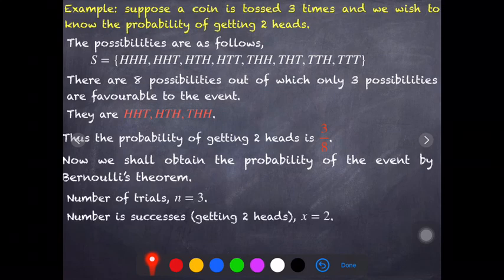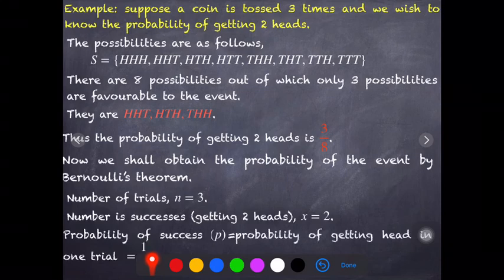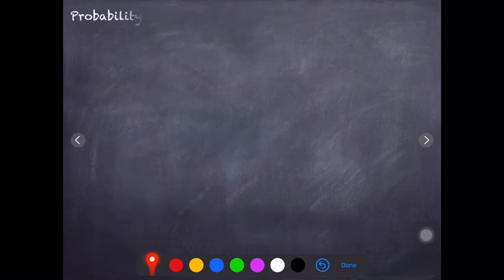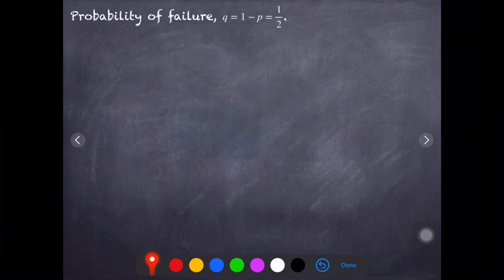The number of successes, if I get 2 heads, that is my success case, therefore x is equal to 2. The probability of getting a head in one trial, p, is 1 by 2, and the probability of failure q is 1 minus p, that is also equal to 1 by 2.